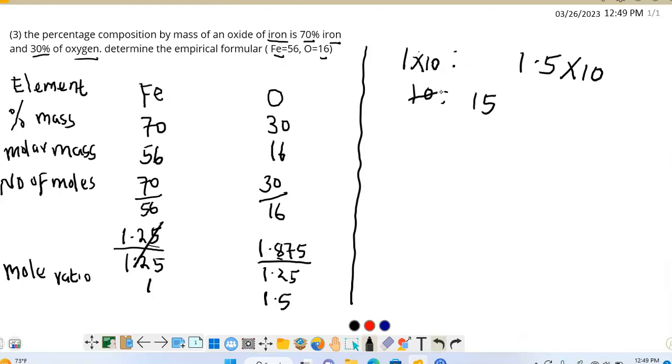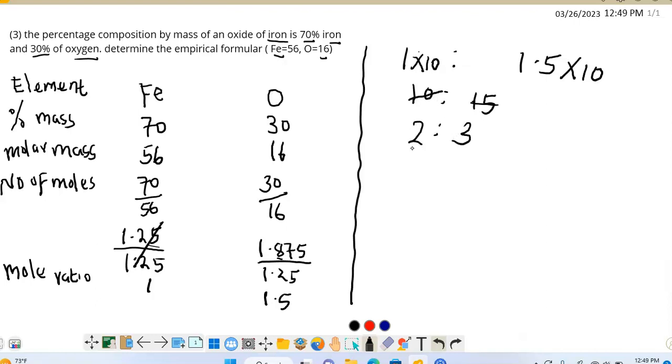By 2, it's impossible, because 15 cannot be divided by 2. Let's check any common factor that can divide both of them. Both of them can be divided by 5. 10 divided by 5 is 2, and 15 divided by 5 is 3.